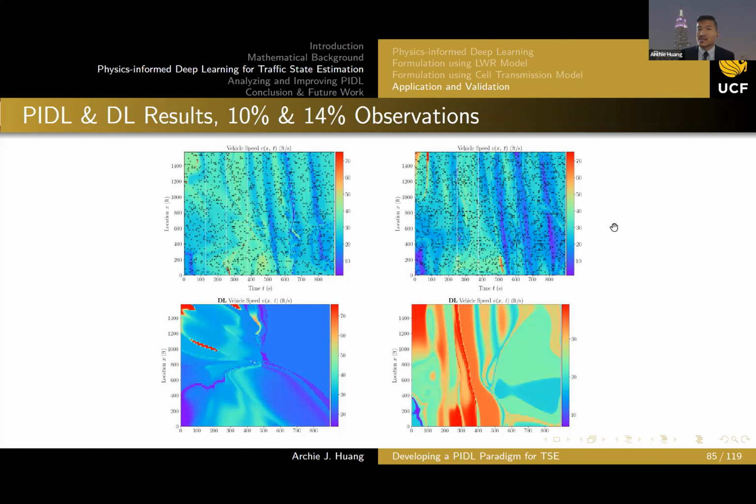We see consistently that PIDL is able to capture the shock waves, or the relationship of the traffic flow here, and accurately reconstruct the traffic state. And DL, what we observe is just overfitting here and not really producing a meaningful understanding of the traffic conditions.